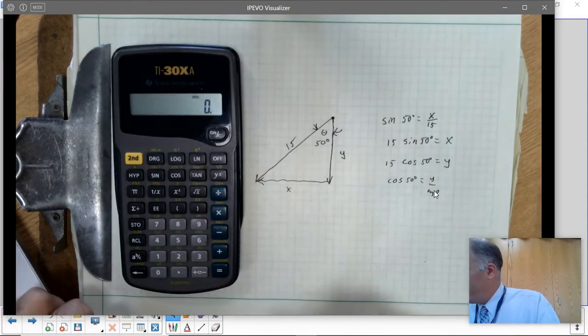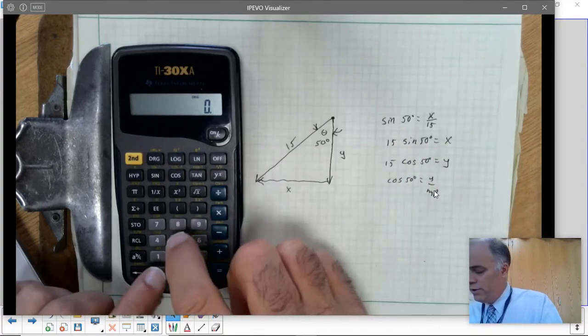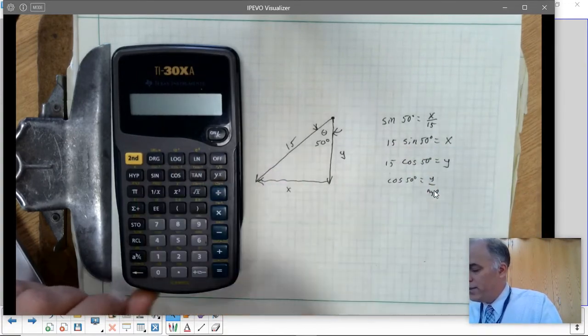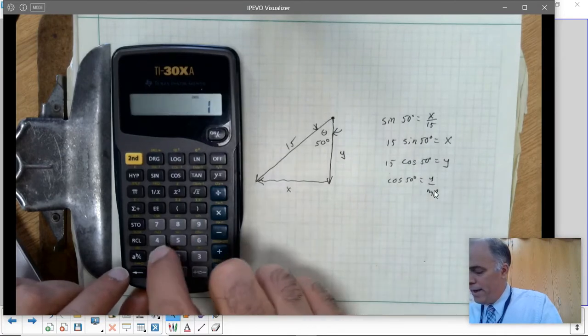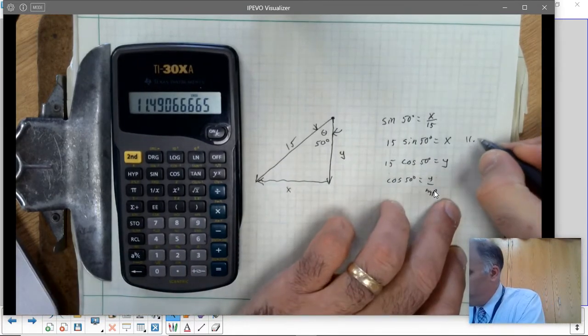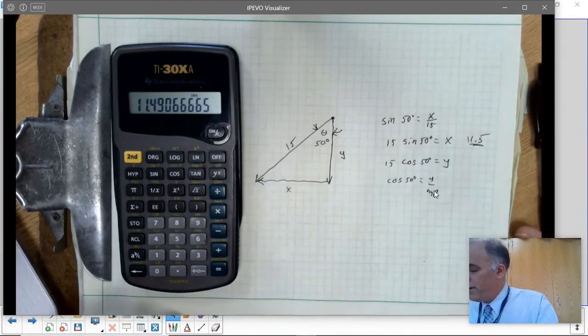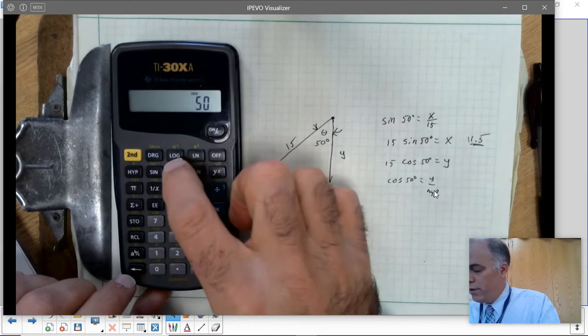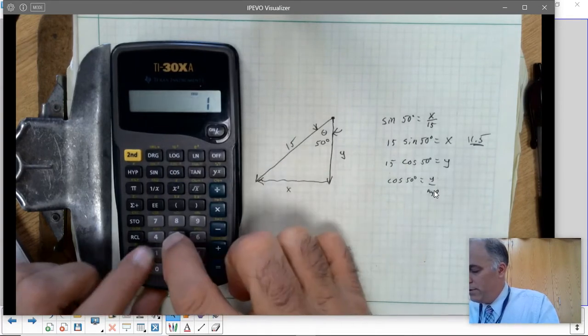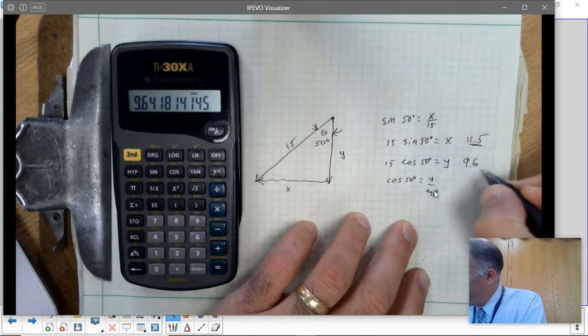Okay, now I've got my calculator out, so we'll be able to do this math. We're going to do the sine one first. So 50 degrees, take the sine of it, multiply that by 15, and that equals 11.5. Pretty close. That's the x. And then same thing for the cosine. We're going to do 50 degrees, take the cosine, times 15 equals 9.6.